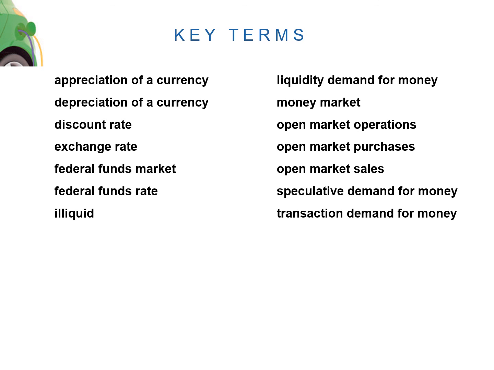So in this chapter, we have discussed appreciation of currency, depreciation of currency, discount rate, exchange rate, federal funds market, illiquid money versus liquid money, liquidity demand for money, money market, open market operations, open market purchases, open market sales, speculative demand for money, and transaction demand for money.